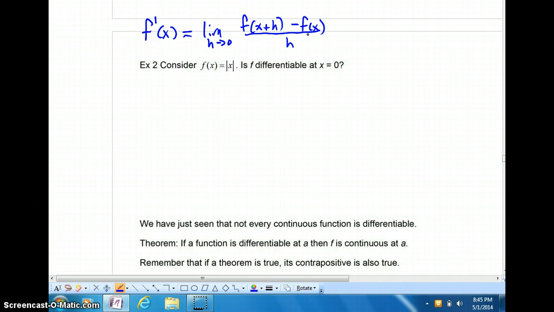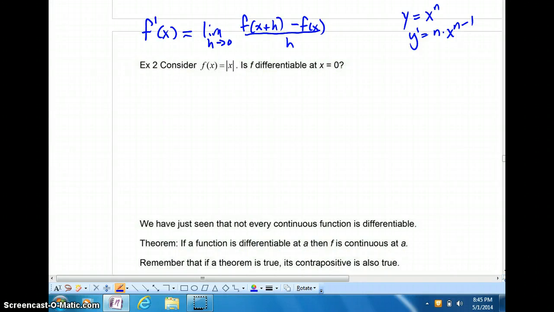The absolute value of x is not written as x to a power. What we saw for the shortcut was if y was equal to x raised to the nth power, the derivative, without having to resort to the limit, could be found by just bringing down that power and then multiplying by x to the n minus 1 power.